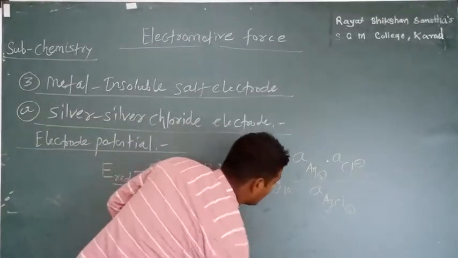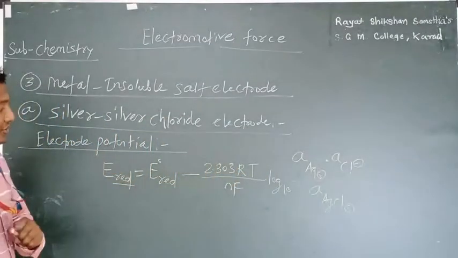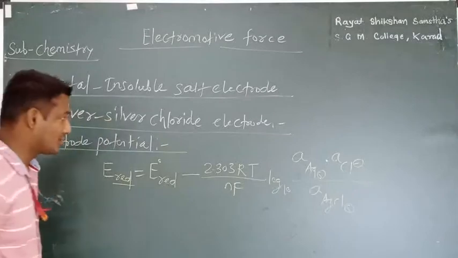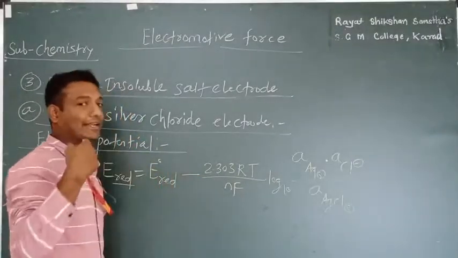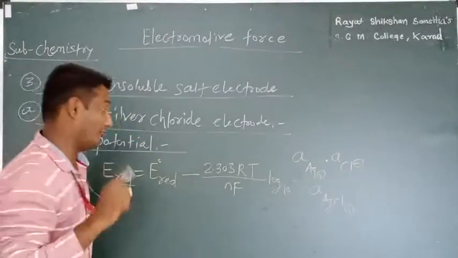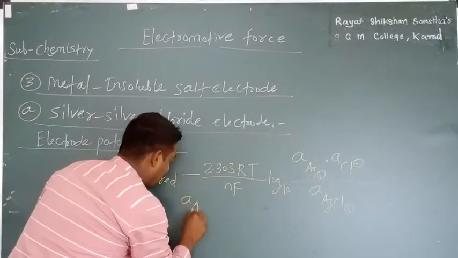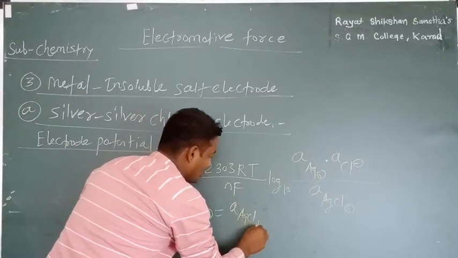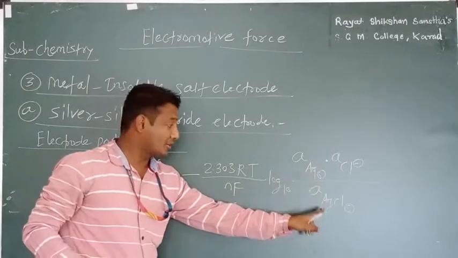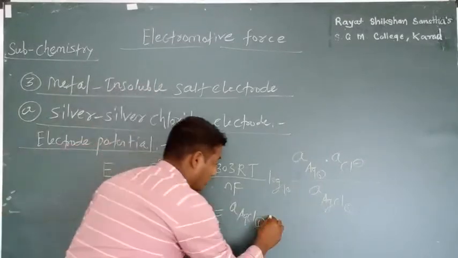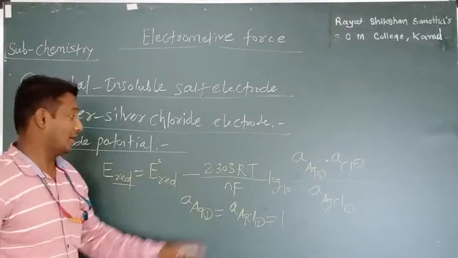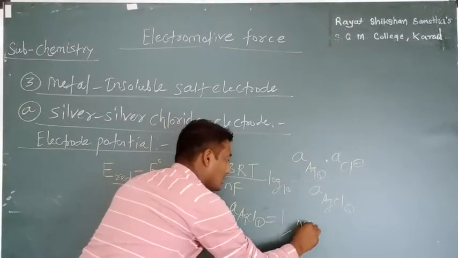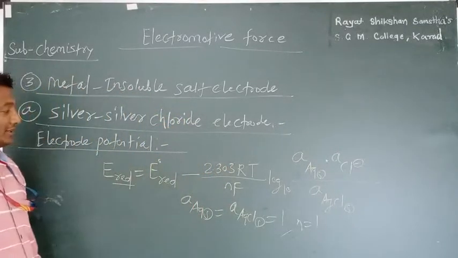So this is the electrode potential. Now we will put down the values. We know that activity of pure metal is 1. Very important. Activity of pure metal is 1. So here metal is pure, the salt is also pure, so their activities will be 1. Number of electrons is also 1.